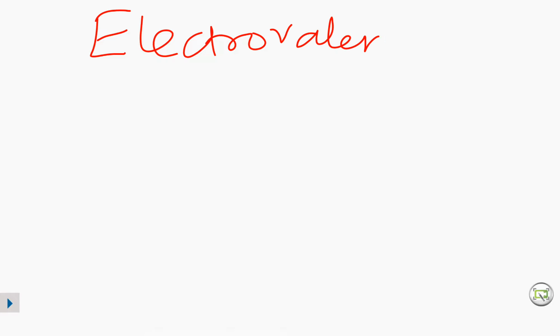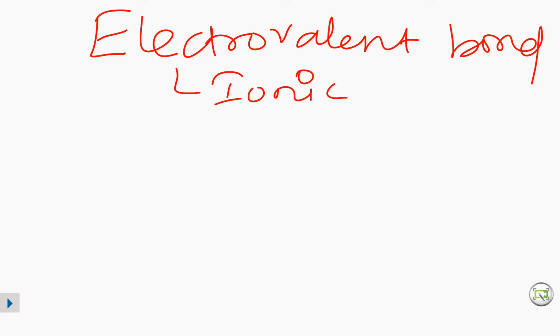First topic, electrovalent bond. First of all, you must know the other name of electrovalent bond is ionic bond. What is the meaning of this? In this, the atoms combine by complete transfer of one or more electrons from one atom to the other atom.